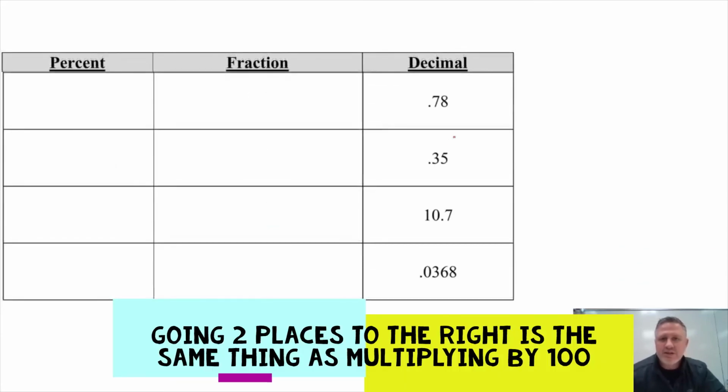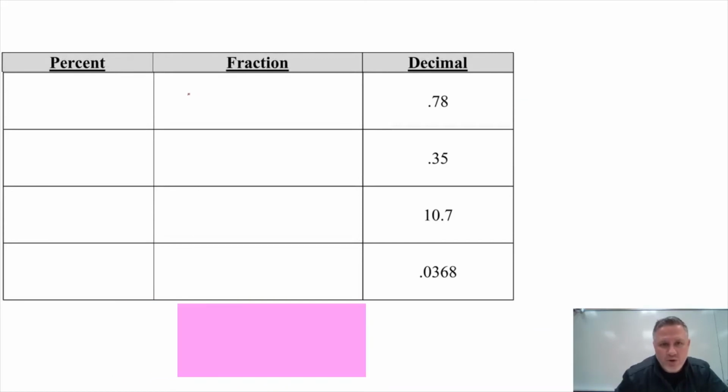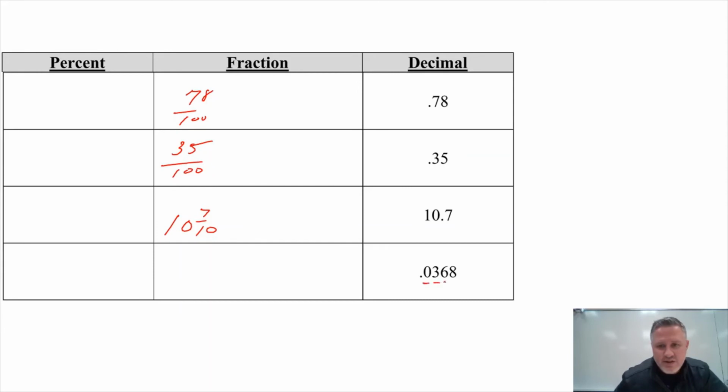All right. And the final page. These are the easiest because we just read them out loud. So 78 hundredths, right? 35 hundredths. This is 10 and 7 tenths. And this guy, tenths, hundredths, thousandths, this goes out to the 10,000ths place, right? So that's going to be 368 over 10,000. Okay, now I'm going to show you a quick trick. When I'm doing the decimal to the percent, all I'm going to do is go 2 places to the right.